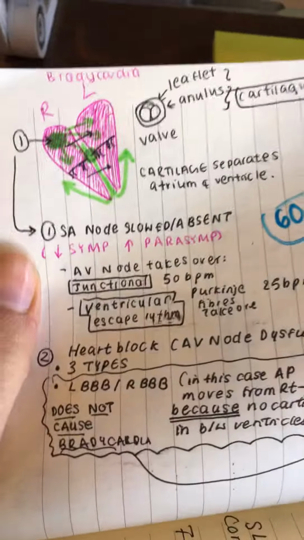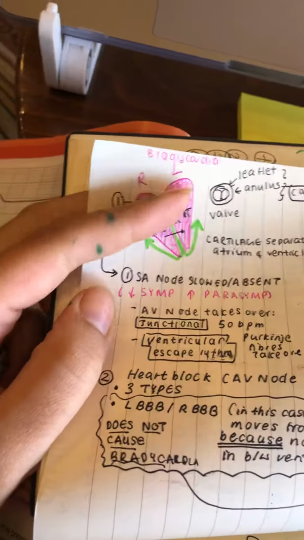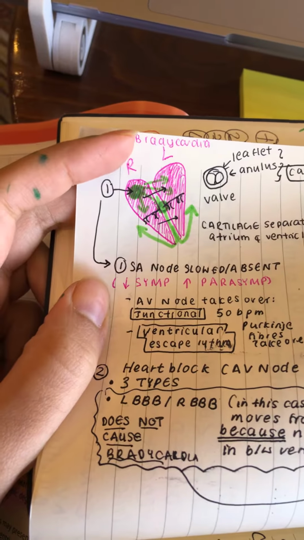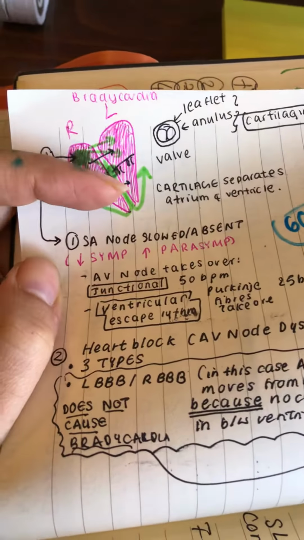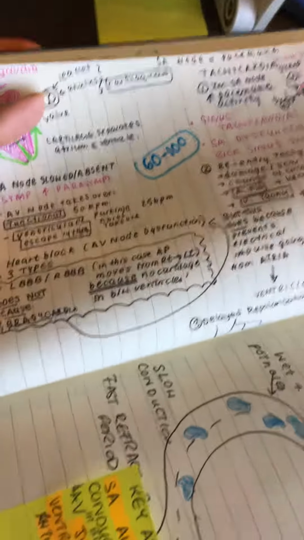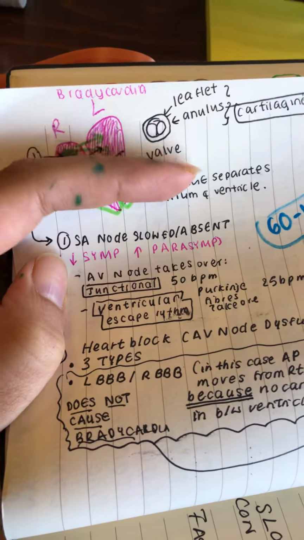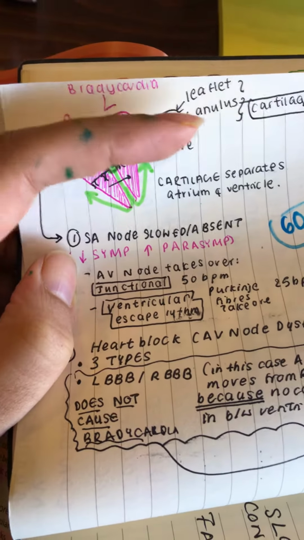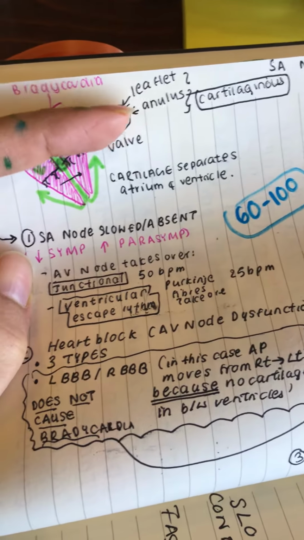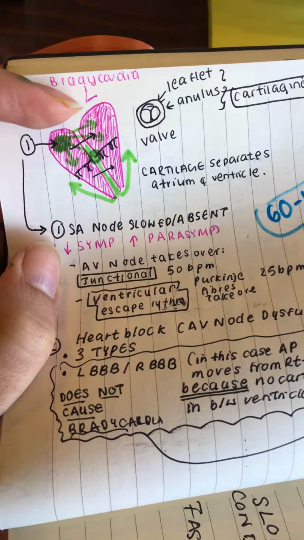Between the atria and the ventricles we have valves, which have a leaflet within the valve and an annulus ring around it, and this annulus ring is cartilaginous, which is very important. Why is it important?